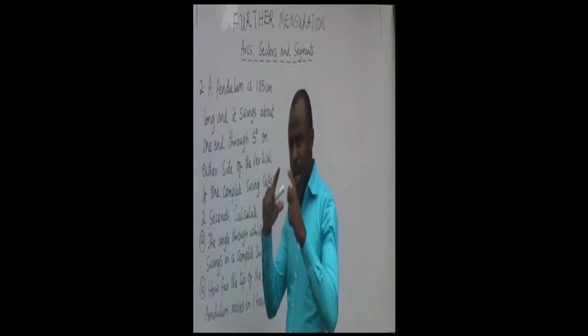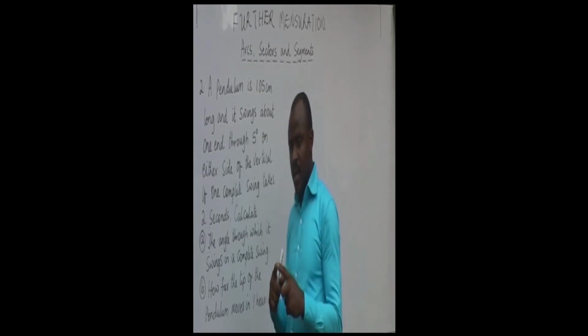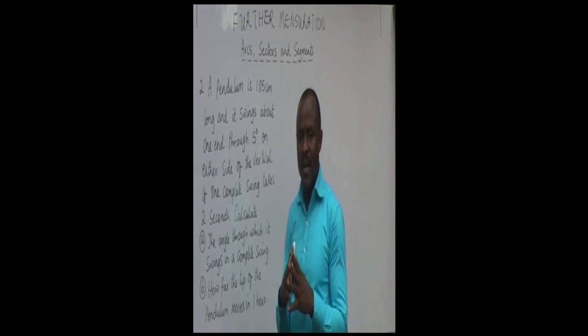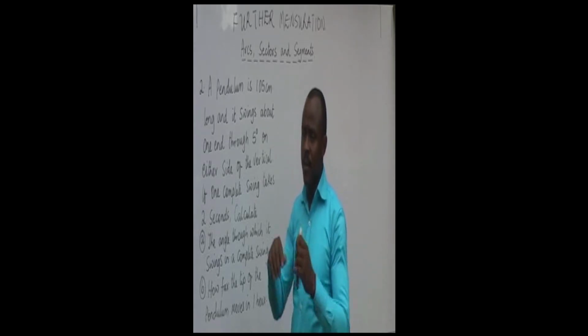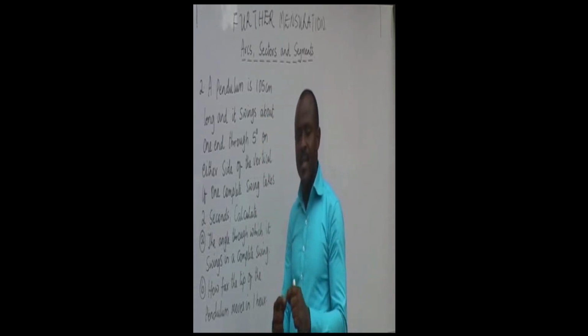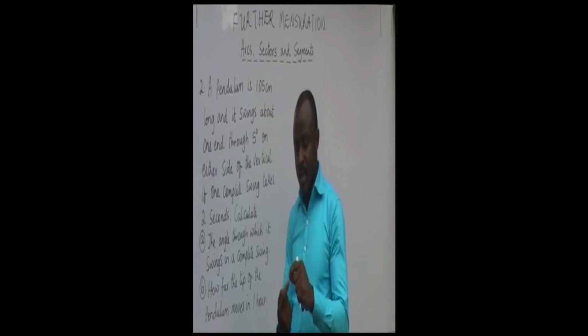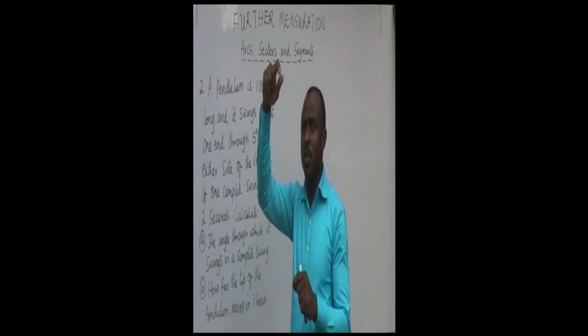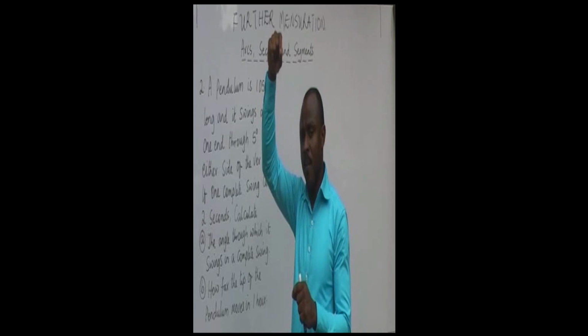I hope you know what a pendulum is. It is better explained in physics. A pendulum is a rope, at one end of which a metal ball is tied. Then the other end of the rope is suspended by a clip.